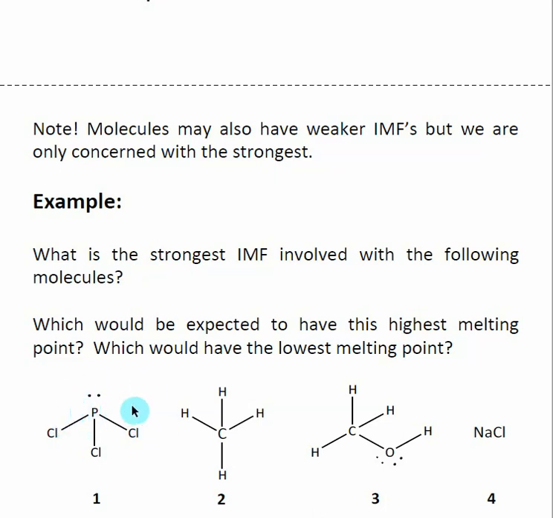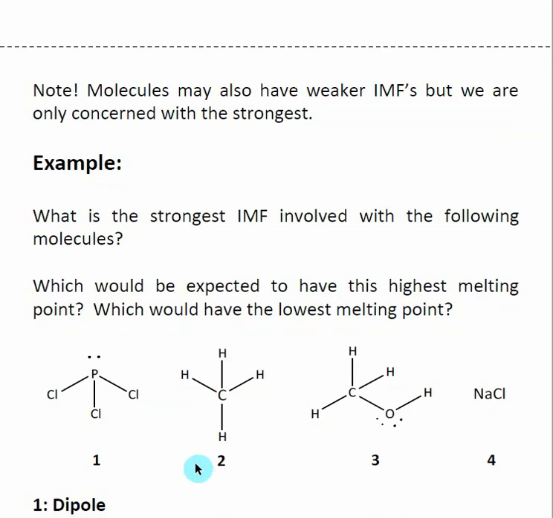Once you get used to it, you can see there is going to be a polarity: we have these PCl bonds pulling in one direction and a lone pair of electrons pulling in the other direction. There's not going to be a perfect cancellation of charge. So this first molecule is polar, which means it has a dipole intermolecular force.